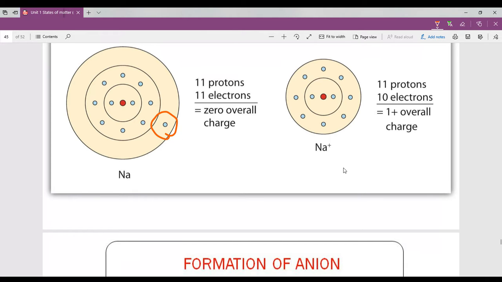And when you lose that one electron, now the charge is not balanced because you still have 11 protons, positive charge, but you have only 10 electrons, negative charge. So that means the overall charge will be positive 1. So you write this 1 positive in upper right hand corner. Okay, so you have the sodium cation.